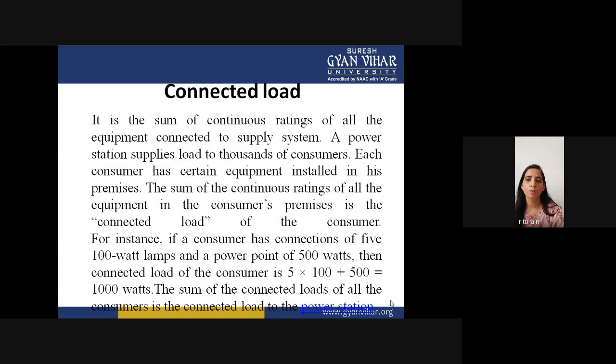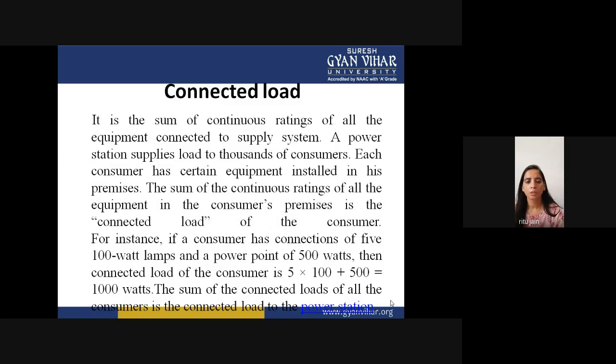So the sum of the continuous ratings of all the equipment in the consumer's premises is the connected load of the consumer. For instance, if a consumer has a connection of 5 lamps of 100 watts and a power point of 500 watts, the connected load is 5 into 100, 500 watts, plus the power point of 500 watts.